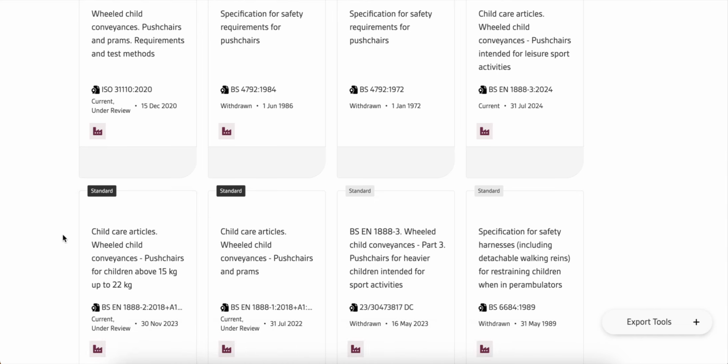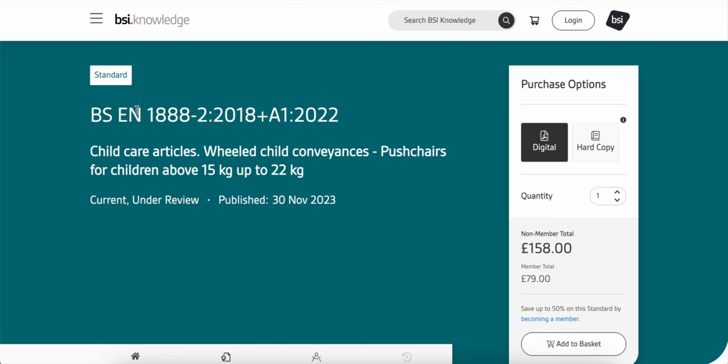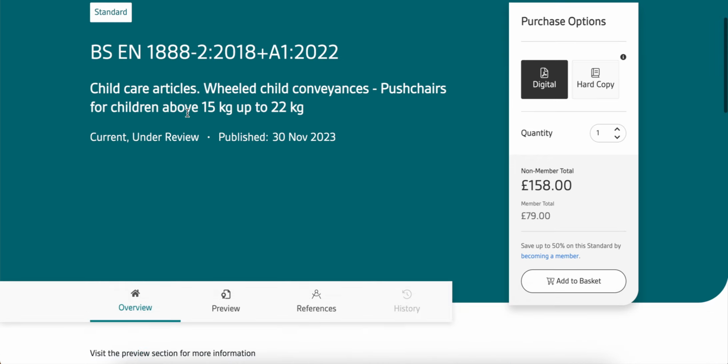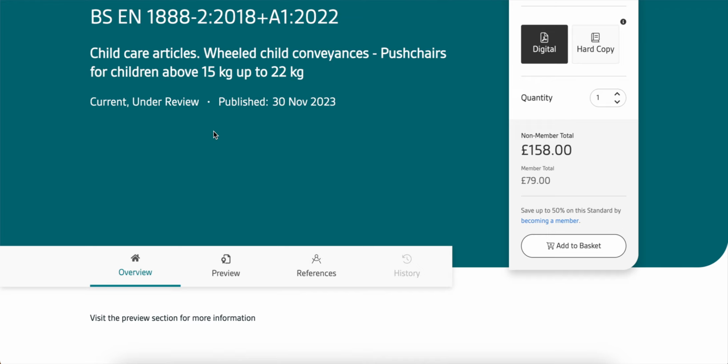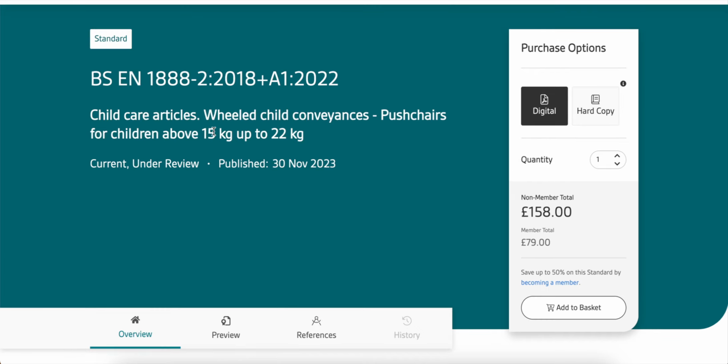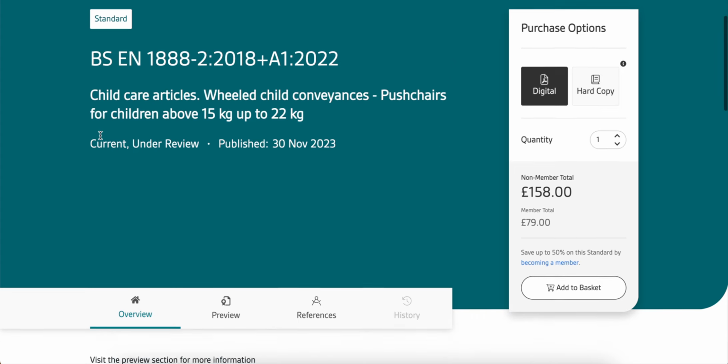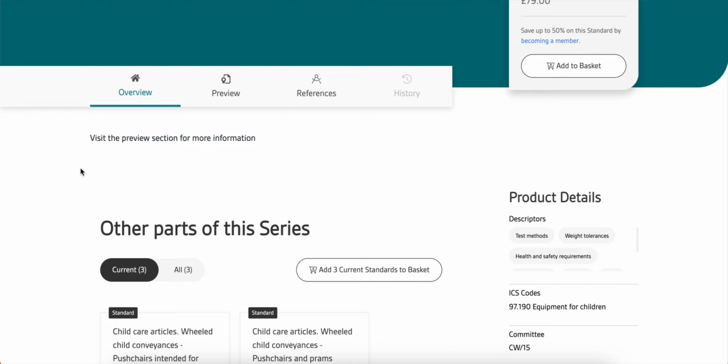So here we have a standard, BS EN 1888. This is then the standard that we would likely be looking at in a scenario where we're selling baby strollers or pushchairs, and specifically for children between 15 and up to 22 kilos. It can be quite specific, as you can see here.